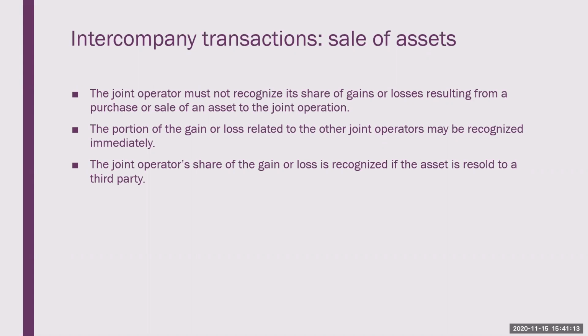And the joint operator's share of the gain or loss is recognized if the asset is resold to a third party. So this is one distinction, that whereas for the joint venture, there was a recognition of the gain or loss with passage of time, this one, we hold back until the asset is resold to a third party.